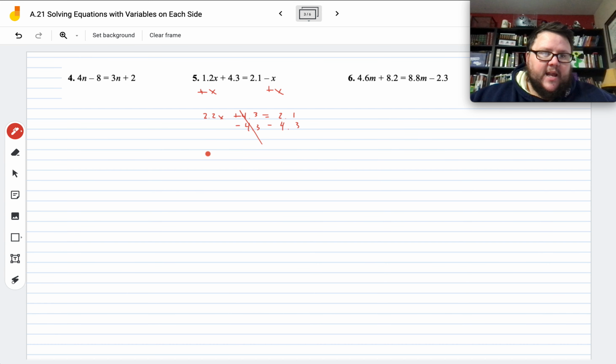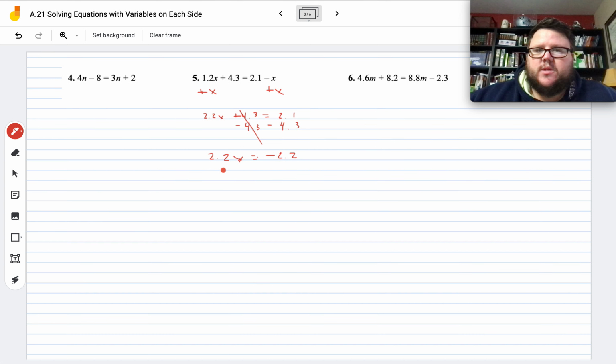They cancel out, and I get 2.2x equals, well, 2.1 minus 4.3 is going to be negative 2.2, I believe. Negative 2.2. Perfect. So this equals negative 2.2.